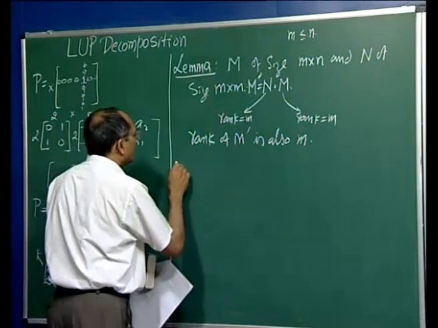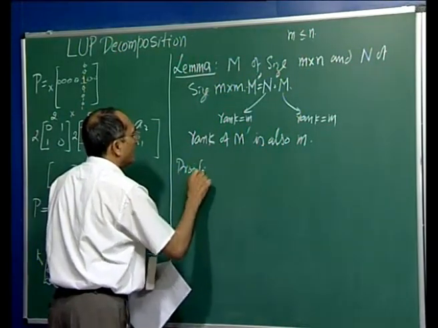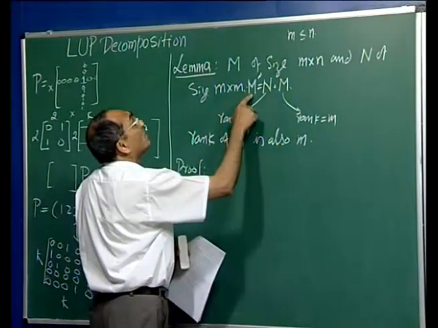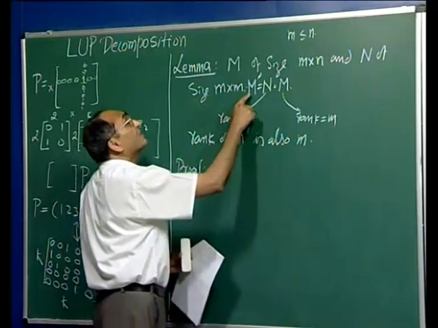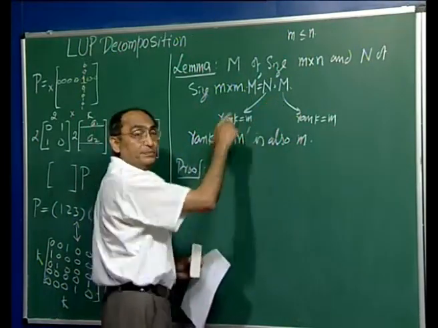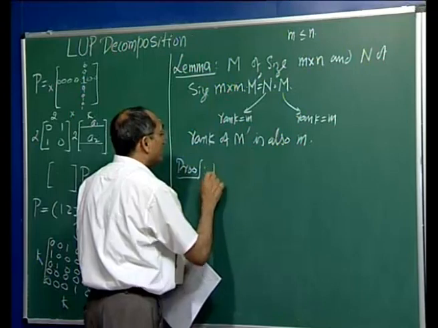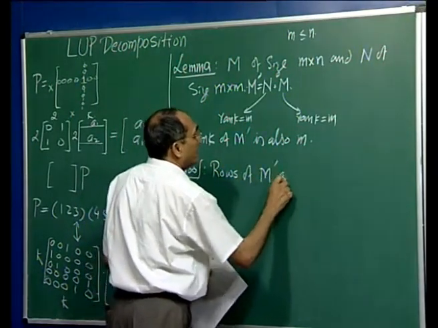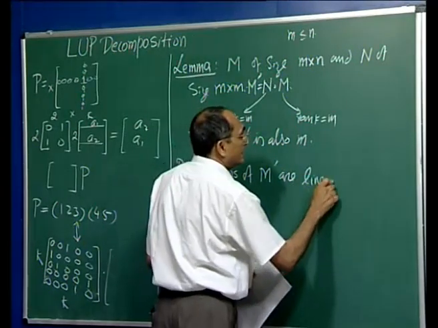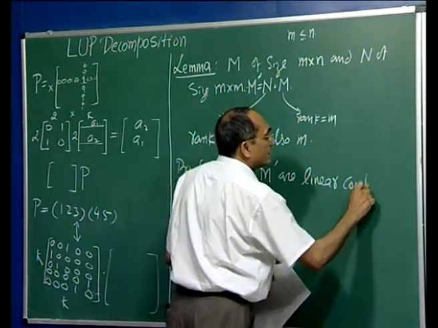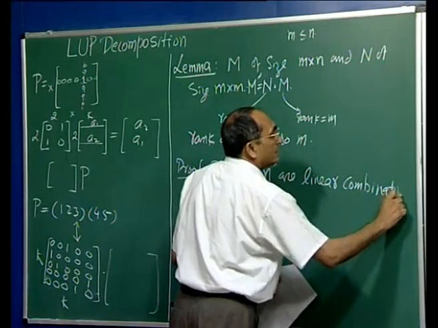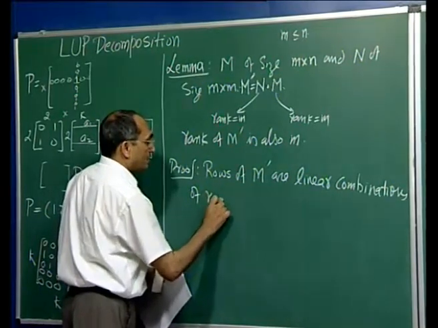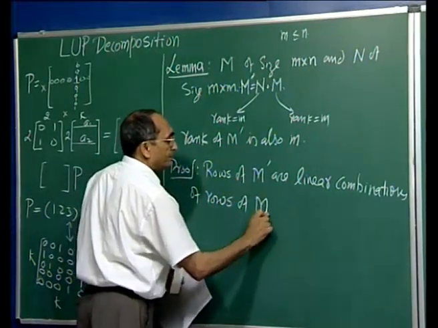To prove this, observe that the rows of M prime are linear combinations of the rows of M. Why?